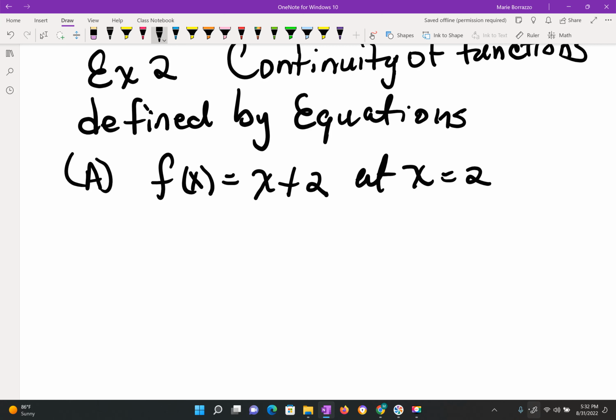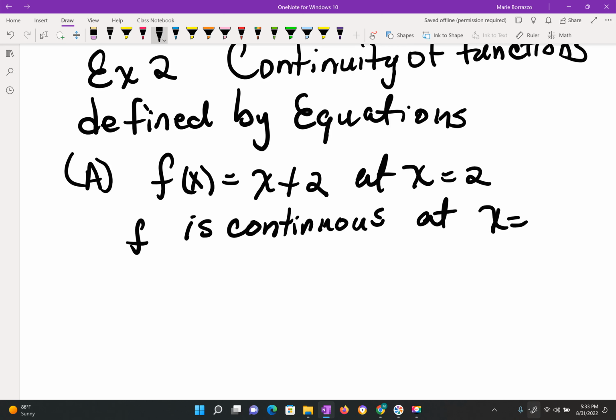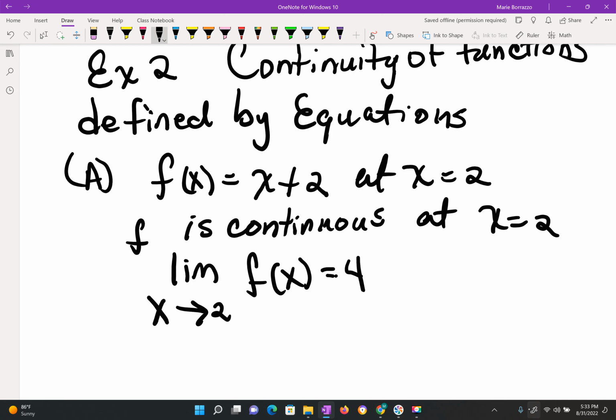In this case, and this might actually answer your question, listen carefully to what I'll explain here. f is considered continuous at x equals c, in this case x equals 2, because the limit as x approaches 2 for the function is equal to 4, which is also the same as f of c, which is f of 2. So you have to go back to those conditions I talked about earlier.